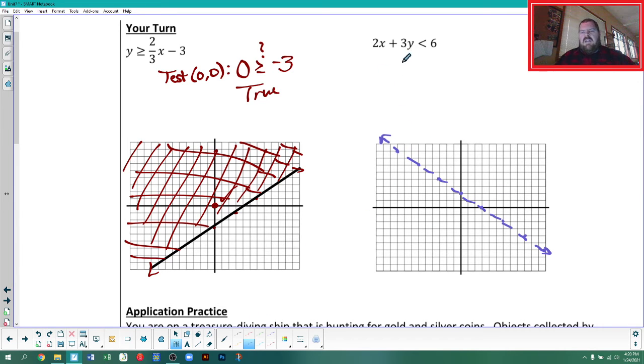And again, I would test 0, 0. I'm going to try something else, okay? I know that I can't pick anything on the line, but I can pick something like, and maybe you tested 0, 0, and in standard form, if you can test 0, 0, it makes life really easy. But I'm going to test something random, like let's go 4, 4.